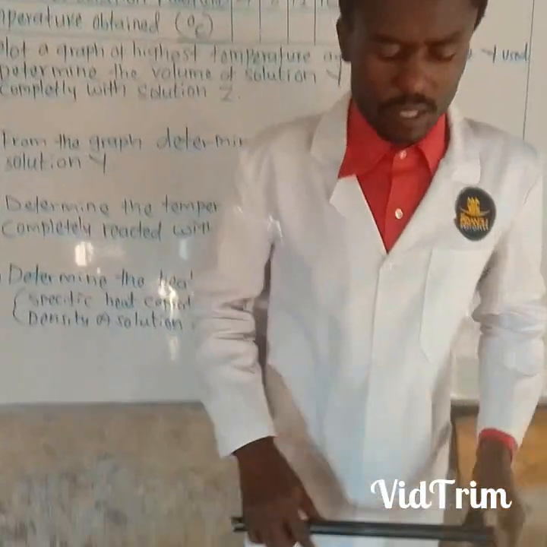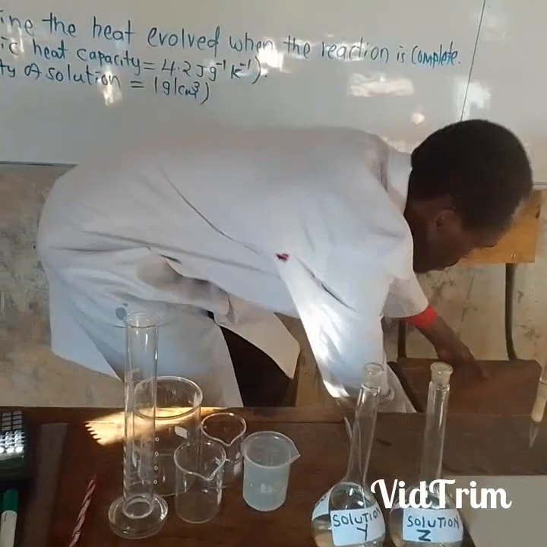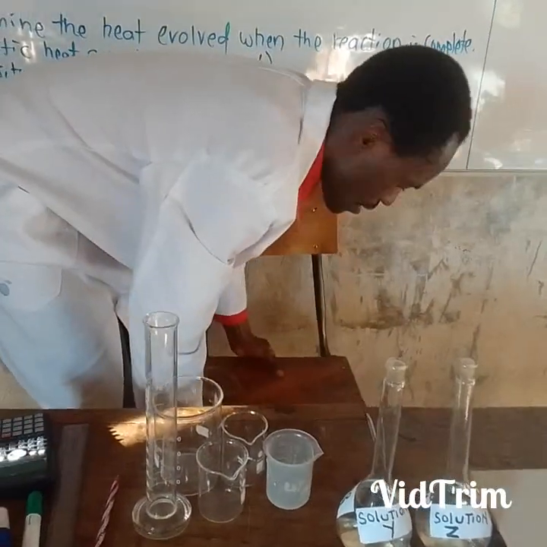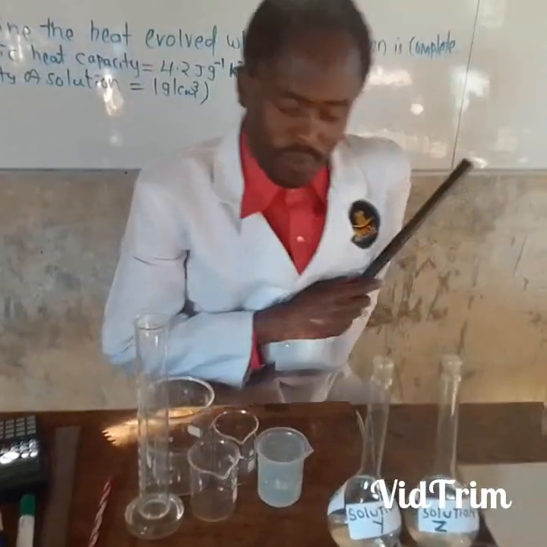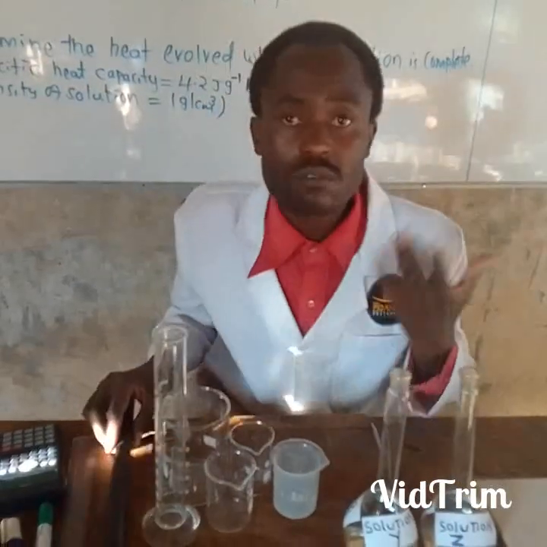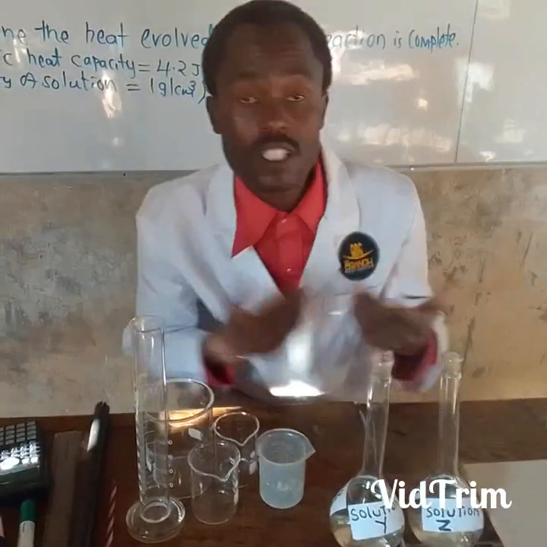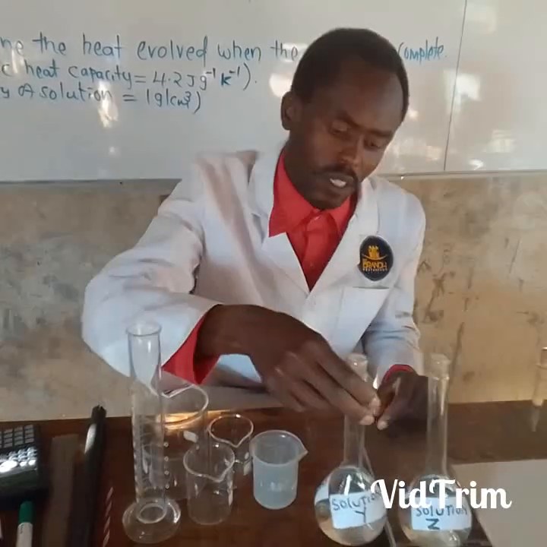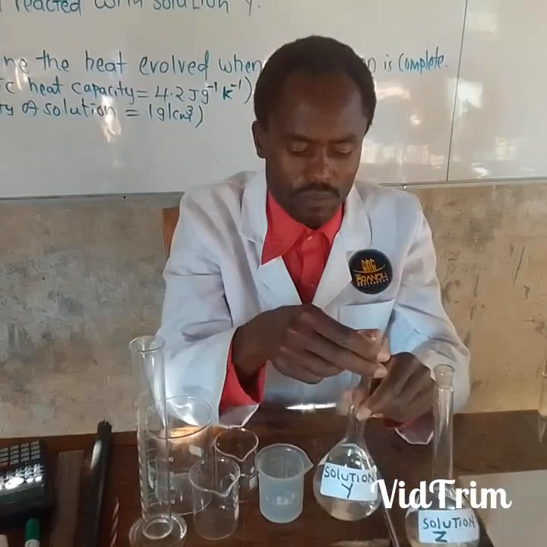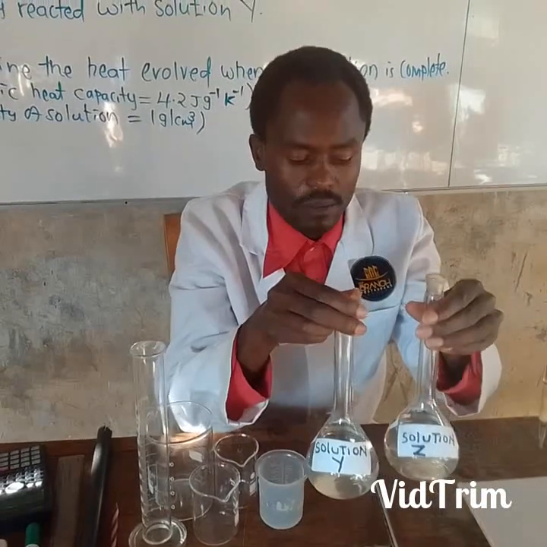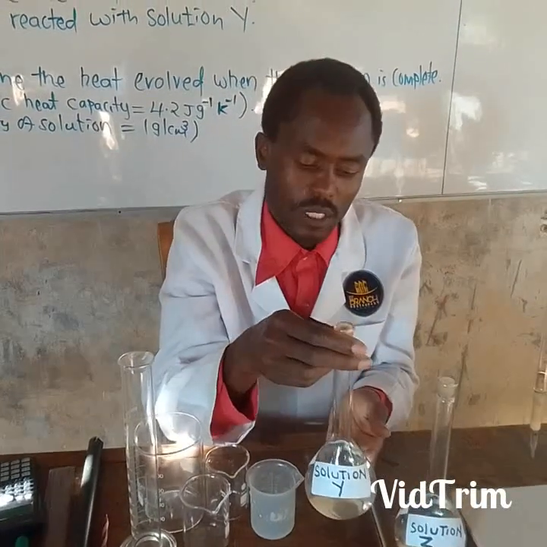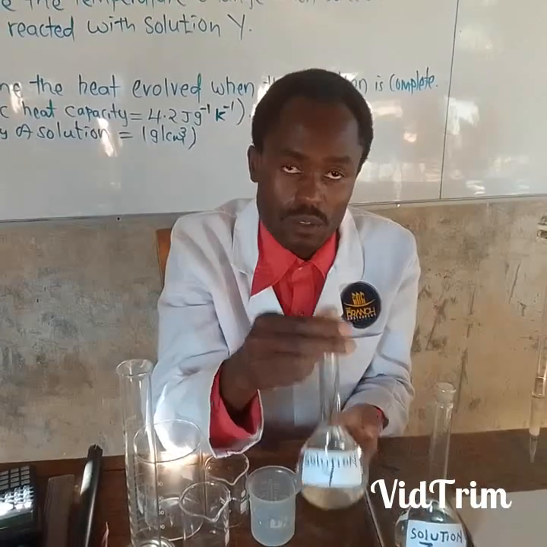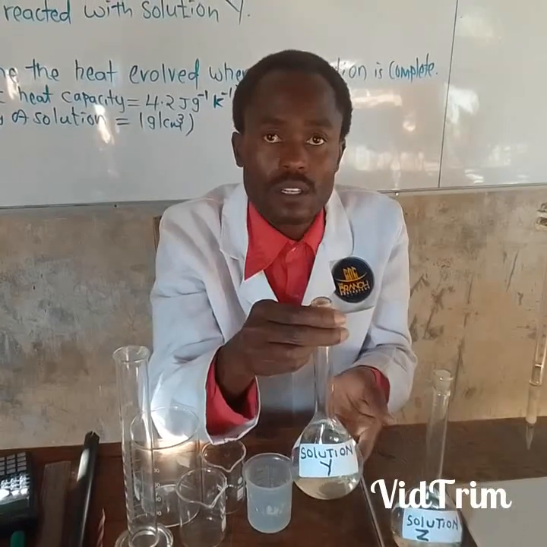Is it okay? With me here I have the following reagents, and please, I'm going to take only 15 minutes, then the lesson is over. Concentration is very important. I have these two solutions here. The first solution is solution Y. You can see the label.